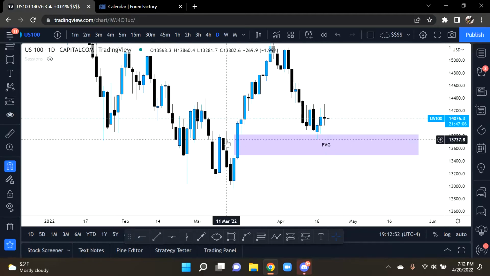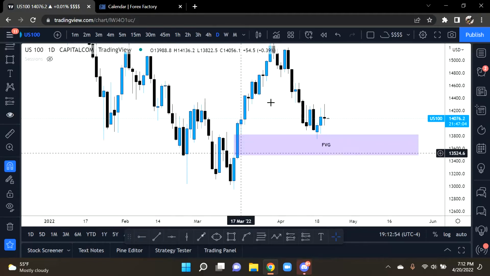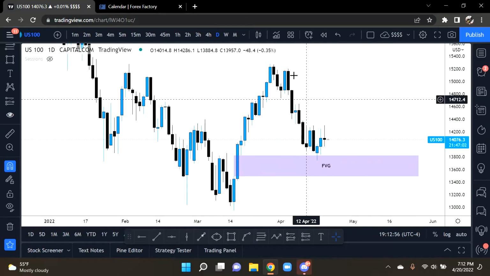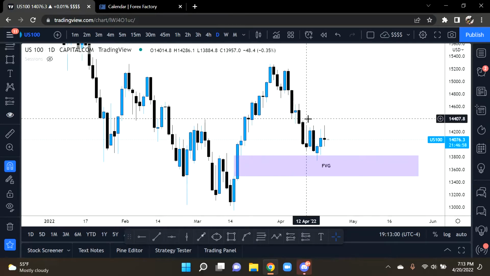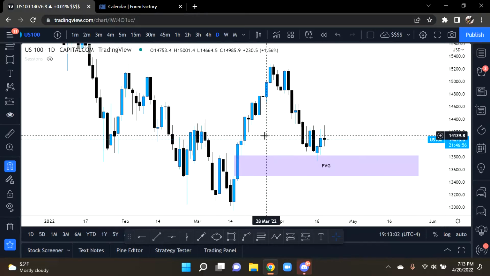We can also be targeting order blocks or fair value gaps, whichever one, but most of the time I target liquidity in the form of a high or a low in the market, depending on my position. And lastly, the entry confirmation, which is what I'm going to go over with you guys on the smaller time frames that I find for my entries. All right, so let's get started.